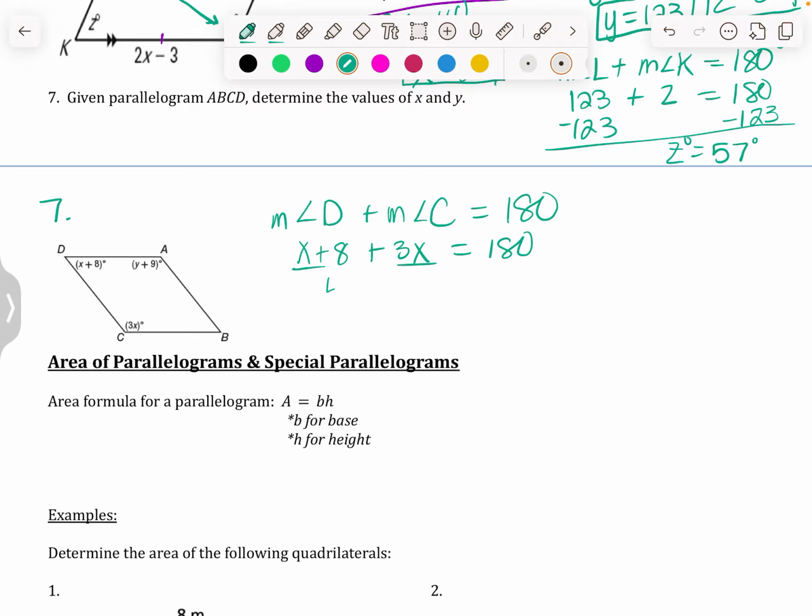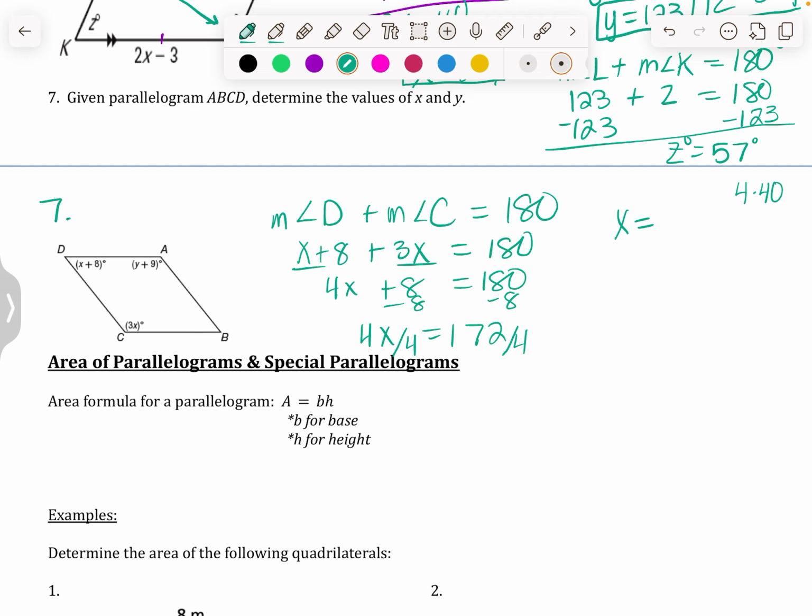So that's going to be 4x plus 8 equals 180. Subtract 8 from both sides. We're going to get 4x equals 172. Divide by 4. Get x is equal to, okay, so I know that 4 times 4 is 16.